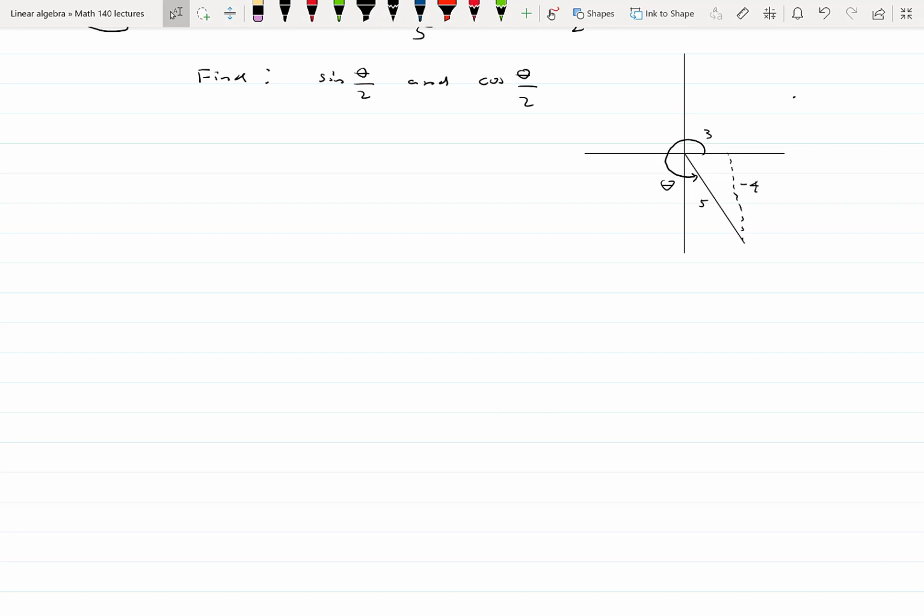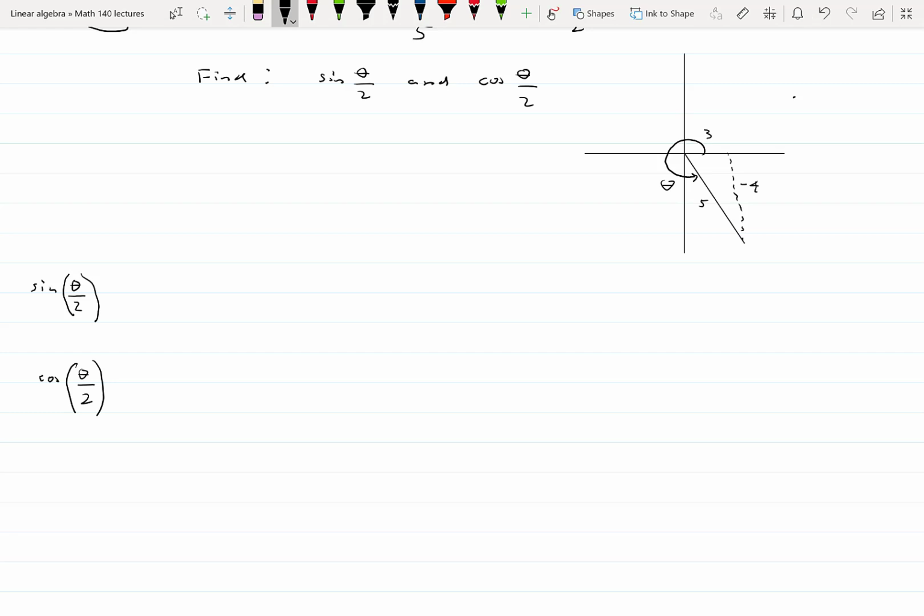Okay. So I'm going to start way on the left here, and I can do both of them, both sine and cosine, in one line each. I want the sine of theta over 2 and the cosine of theta over 2, sine of half the angle and the cosine of half the angle.